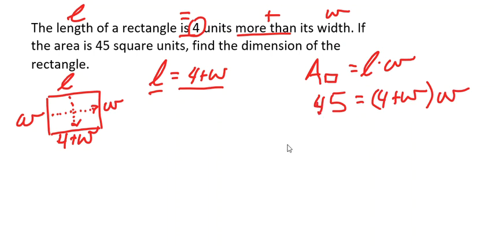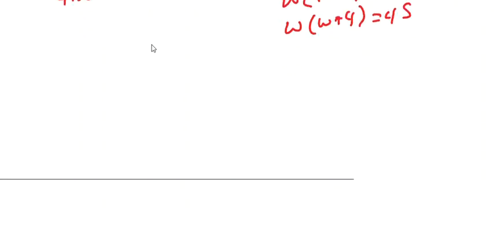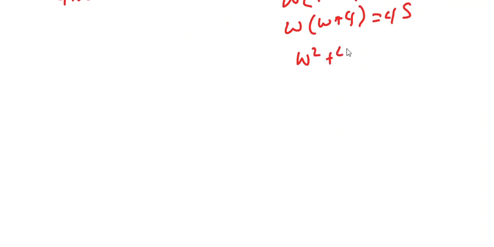We could turn this around and say W times 4 plus W equals 45. We might see it as W times W plus 4 equals 45. And somebody might want to take the step of distributing that W, so saying W squared plus 4W equals 45.